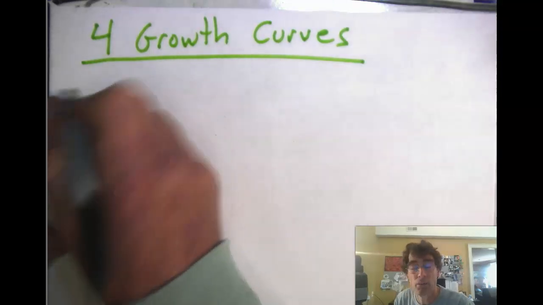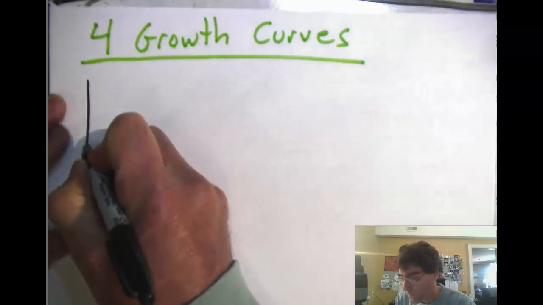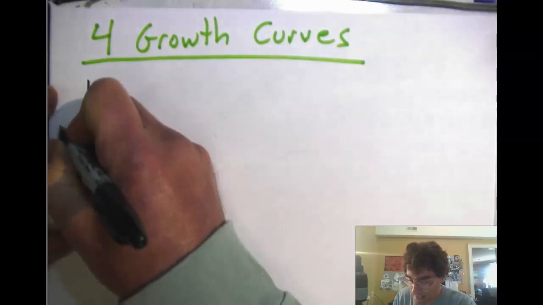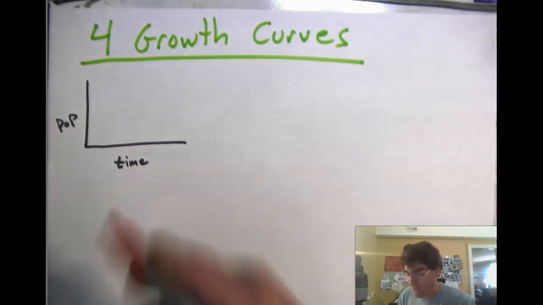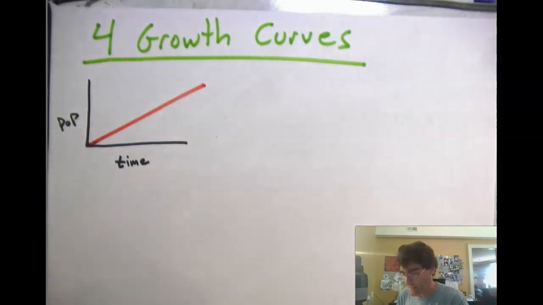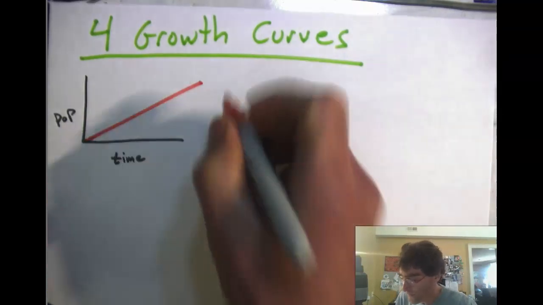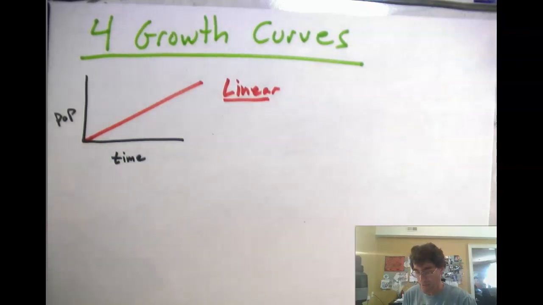The first kind of growth that we saw, we had that spreadsheet, and always at the bottom of these growth curves, we have time, and then we're always talking about population over here. And the first curve that we saw really wasn't a curve at all. It was just straight like this. We graphed those numbers on that first activity, and we call this, if you recall, linear growth, right?